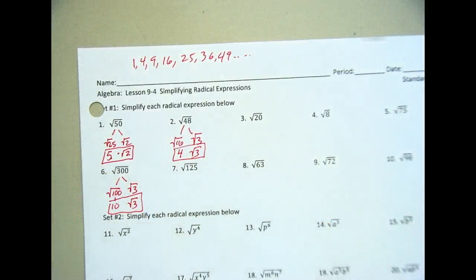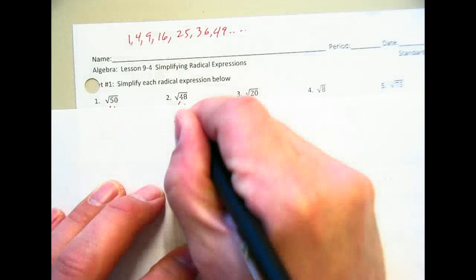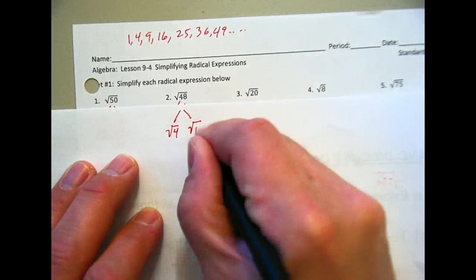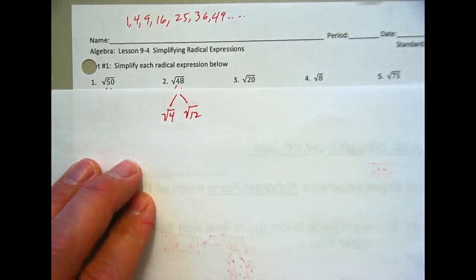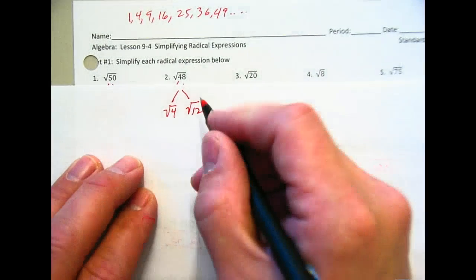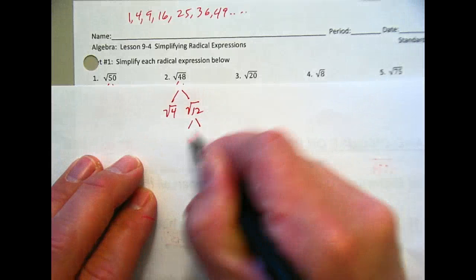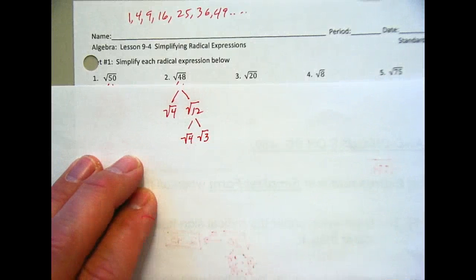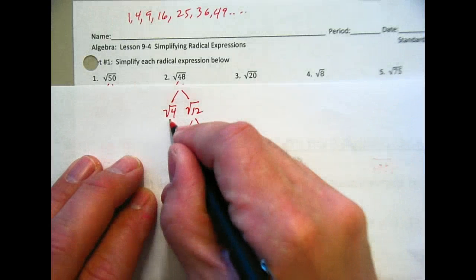Now let's say you stopped and you said, well, I found out that 4 went into it. So I broke it in. I said it's root 4 by root 12. That's fine, except now you've got to break apart root 12. You've got to say, well, 4 goes into that. That becomes root 4 times root 3. This piece is 2.